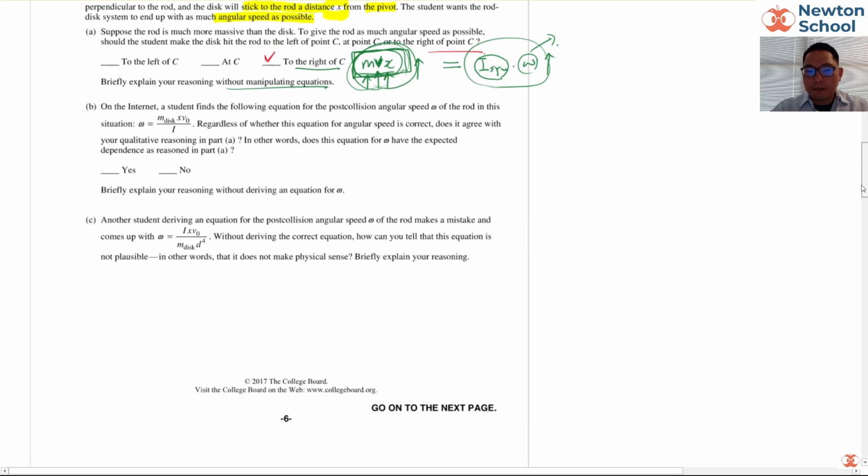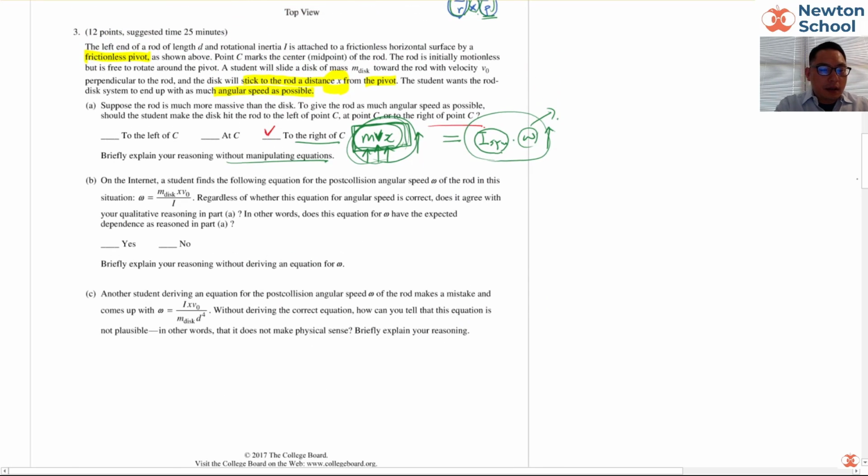Now if you look at part B, the student's theorem finds the following equation for the post-collision angular speed of the rod in the situation. Regardless of whether this equation is correct, does it agree with your qualitative reasoning in part A? In other words, does this equation for omega have the expected dependency from part A?